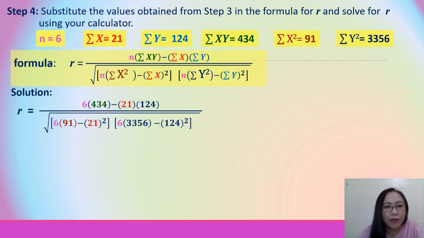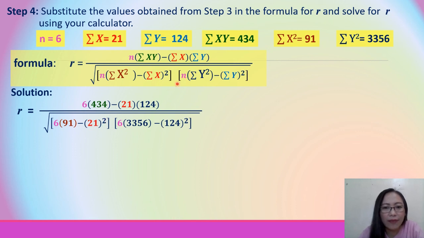So for N, that is 6, summation of XY is 434, summation of X is 21, and summation of Y is 124. And then all over the square root of 6 for N, times summation of X squared, that is 91, minus the square of the summation of X, so we have here 21, and then we square it.